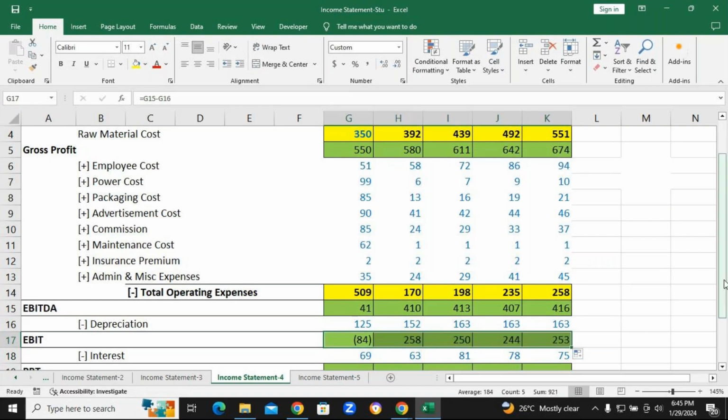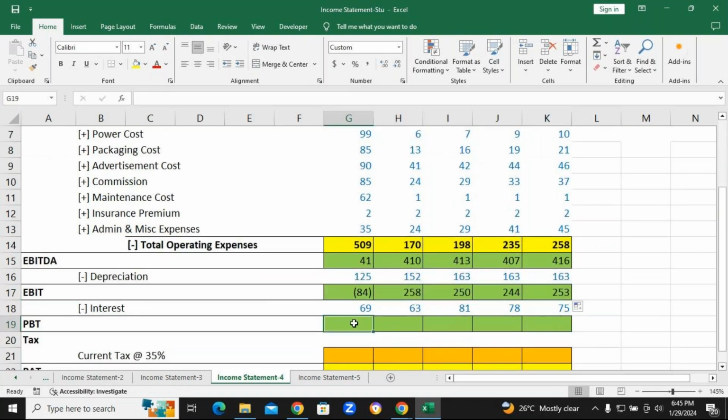I'll come down here. So PBT, profit before tax, equals G17 minus G18. That is my profit before tax. I'll drag it. Tax here we will give as 0 because in the first year there is a loss.